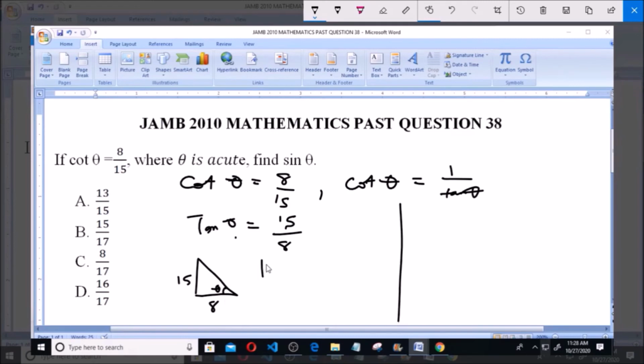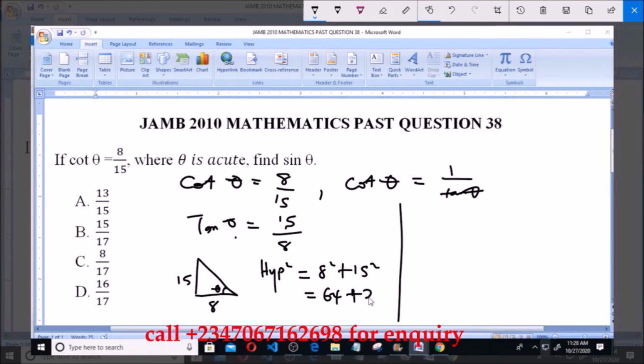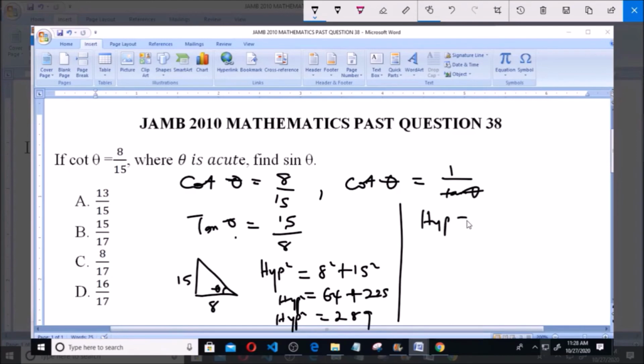From Pythagoras theorem, hypotenuse squared is equal to 8 squared plus 15 squared, which is equal to 64 plus 225. That's hypotenuse squared, and hypotenuse squared is equal to 289. Now the hypotenuse will be equal to the square root of 289, which is equal to 17.